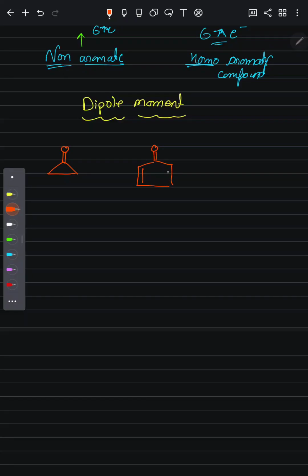As we can see, these are two molecules, and we need to know which molecule is stable. As we can see, this has a partial negative charge and a partial positive charge. This has a partial negative charge and a partial positive charge. So what will happen after the charge separation is put into action?